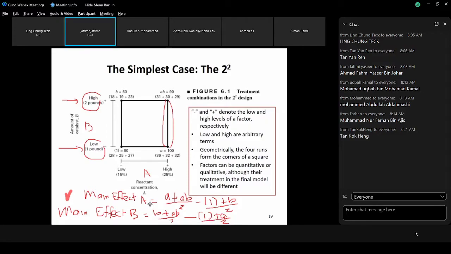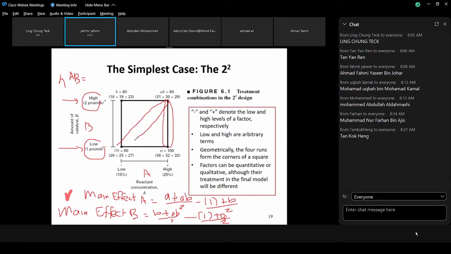Okay, these are the main effects. And then another is called the interaction effect of AB. Look at the diagonal here. Interaction effect, diagonal.